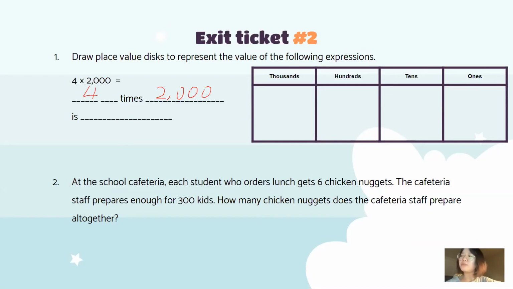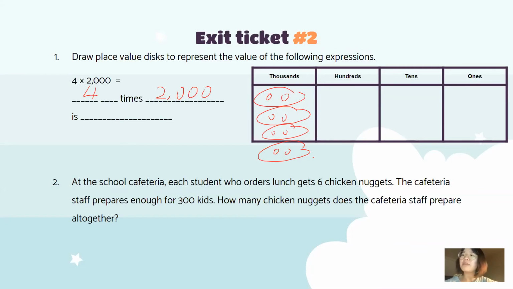So let's put this on the place value chart. So we have 2000, but we have 4 groups. 2 groups, third and fourth. Okay, and how many do we have right now? We have 1, 2, 3, 4, 5, 6, 7, 8.